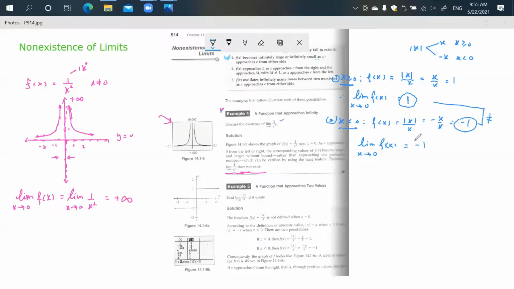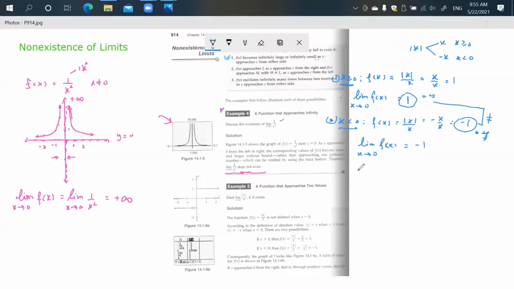So this function does not approach the same real number or the same answer. This is a value of y, and this is also a value of y, so they are not equal.